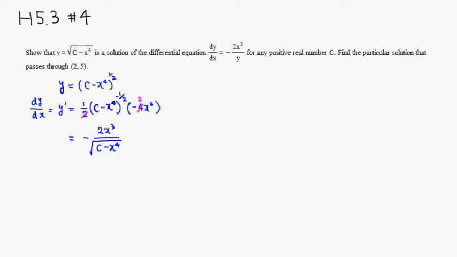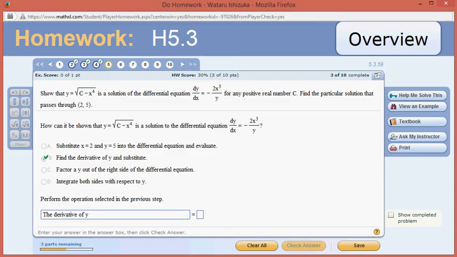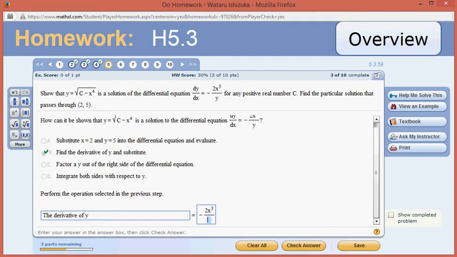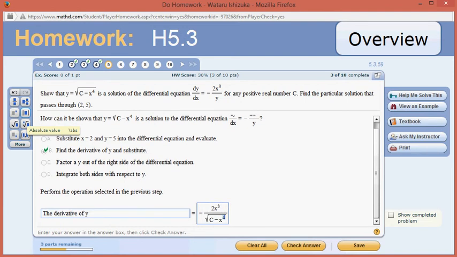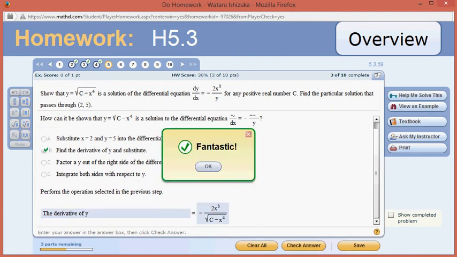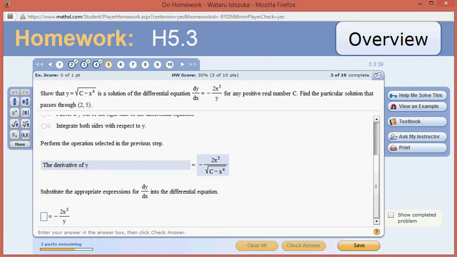So let's type that in. We got negative 2x cubed over square root of c minus x to the fourth. Let's check the answer. Alright, we got that.